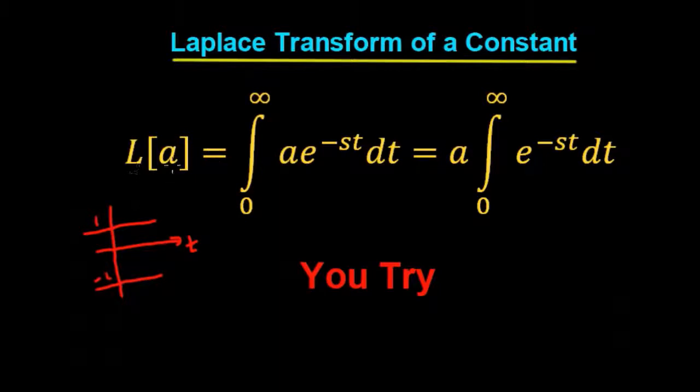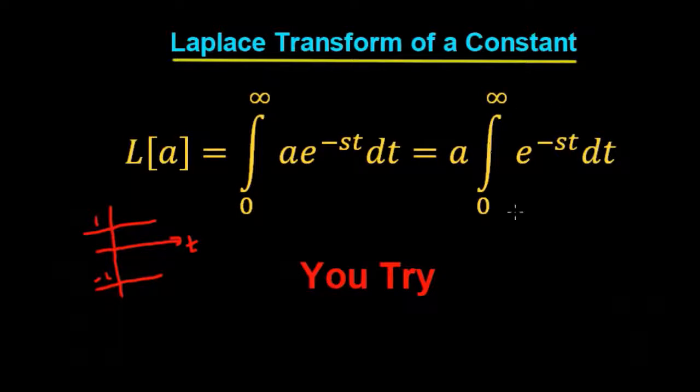So the Laplace transform of the function a is just going to equal the integral from 0 to infinity of our function, which is a, times e to the minus st dt. Now we're integrating with respect to t, and a is not a function of t, it's just a constant. So we can take the a out of the integral sign and you'll have a times the integral from 0 to infinity of e to the minus st dt.